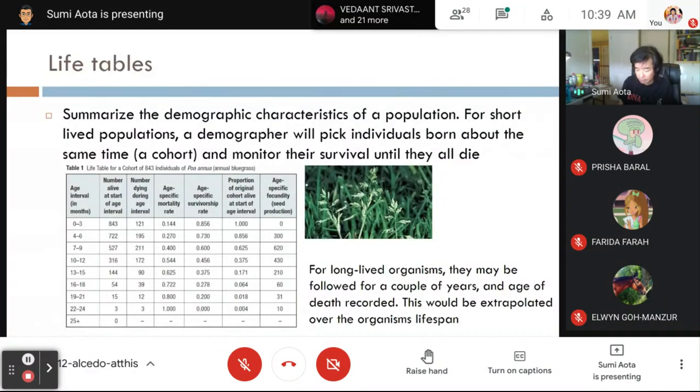Make sure that I've done that correctly. Yeah, so to get this number, 0.856, you take 722 and divide it by 843, and that tells you 0.856 individuals survived.